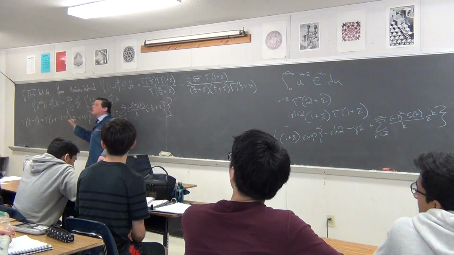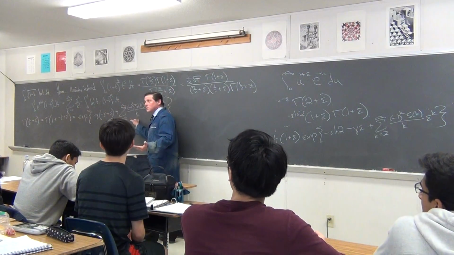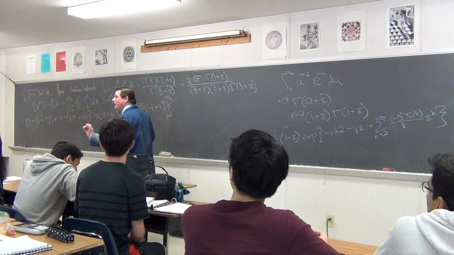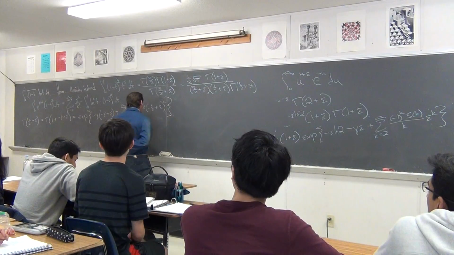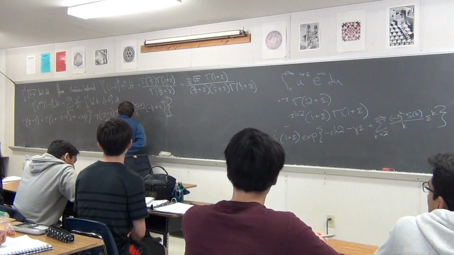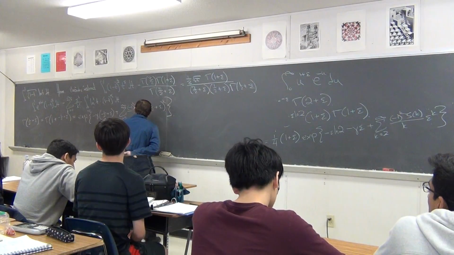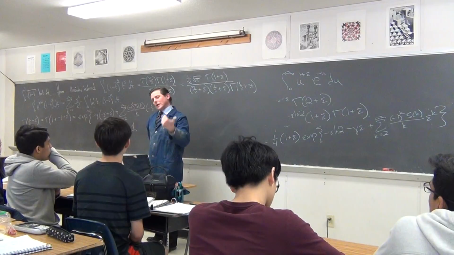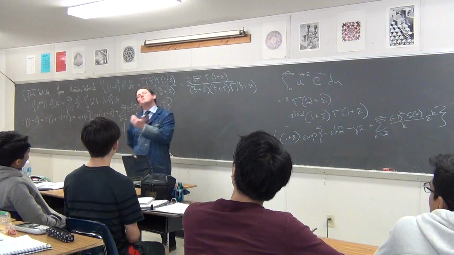Yes or no? Is it correct? Yes, that's correct, when the absolute value of -1/2 plus epsilon is less than 1. It's valid whenever it's less than 1. It's useful whenever it's much less than 1.